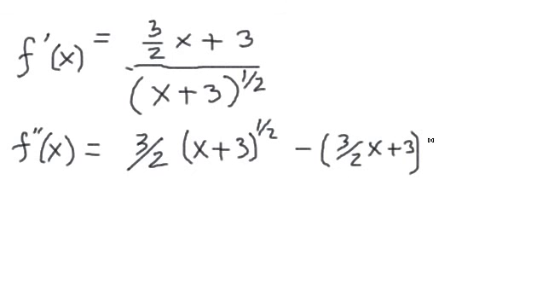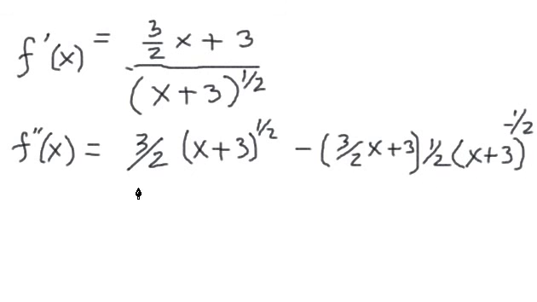So we take the half out front, rewrite x plus 3, and we subtract 1 from this exponent. That gives us a negative half, and of course if you took the derivative of the inside, you bring it out, it's just 1.